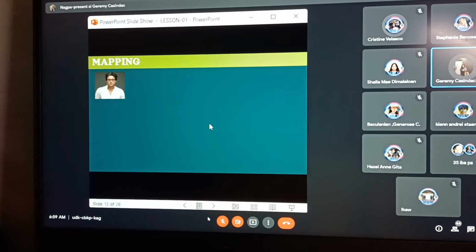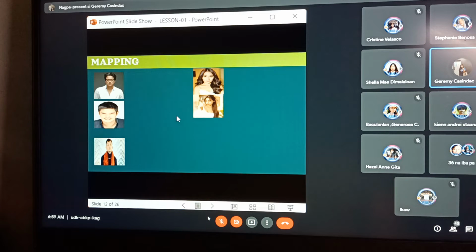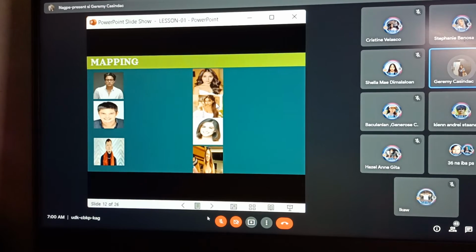Okay, we have Daniel Padilla again, Ding Dong Dantes, and who's the third one? So, that is for our domain, and for our range, we have Catherine Bernardo, Zanjoe Marudo, Marian Rivera, and Ira. Okay? So first, again, you are going to match our domain to the given set of range. Si Daniel Padilla ay para kay?